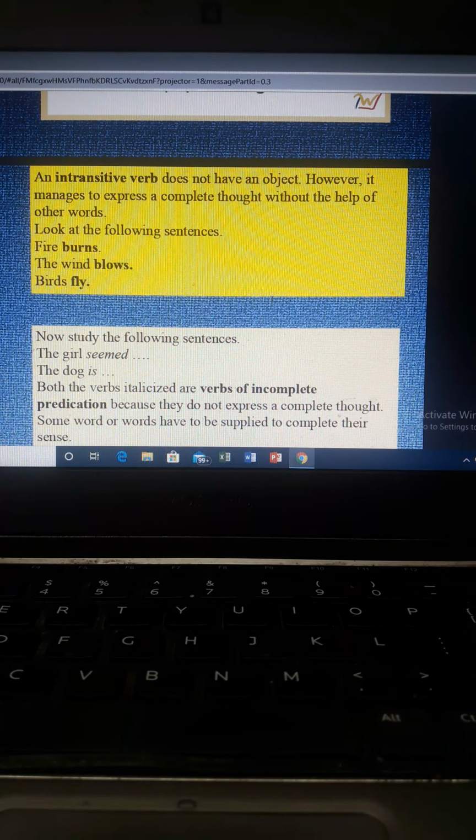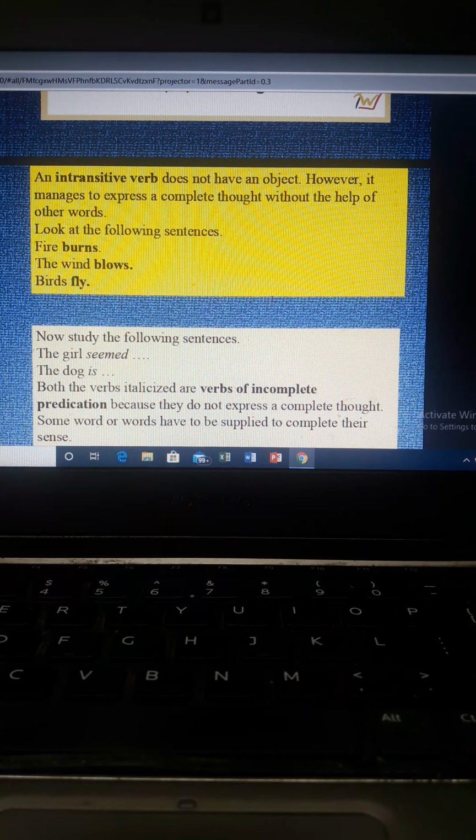Seemed over here is an intransitive verb because after seemed there is no object. So seemed becomes intransitive. But if we consider only this much, the girl seemed, then this is an incomplete sentence. This sentence will be completed only when we add some word to it. Like the girl seemed excited, the girl seemed very sad, right?